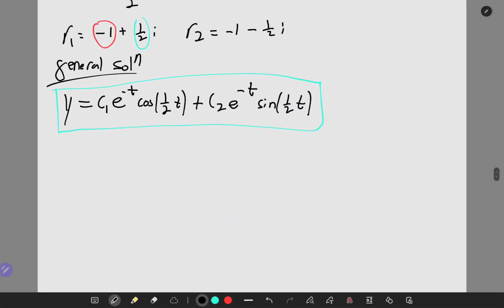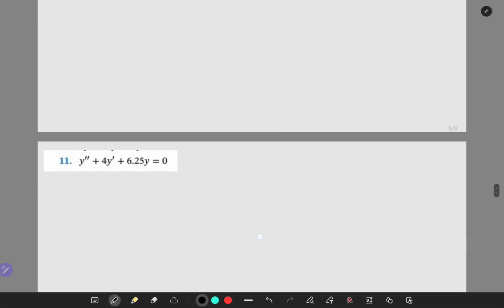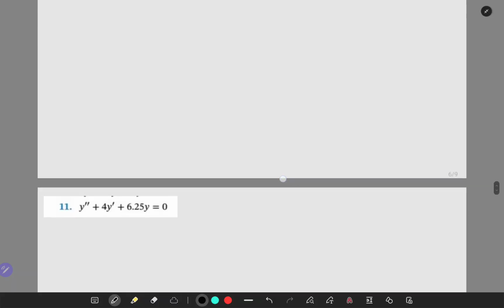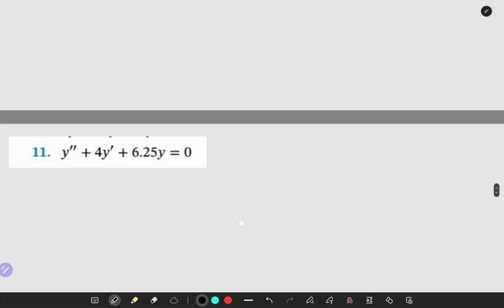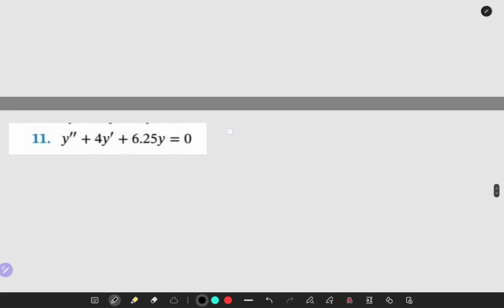So now, let's go down. I believe we have one more like this. Yep, one more. 6.25. Well, 6.25 is equal to, what is that? Let me think about this. 25 over 4, right?